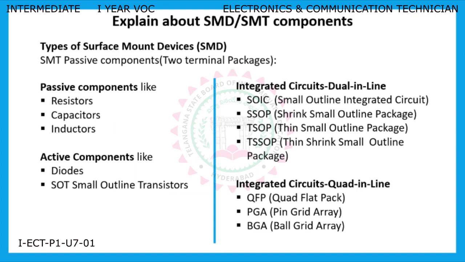Passive components like resistors, capacitors, inductors, and active components like diodes, transistors and ICs. Resistors, capacitors, inductors come under the passive components. Diodes, transistors, ICs come under the active components.